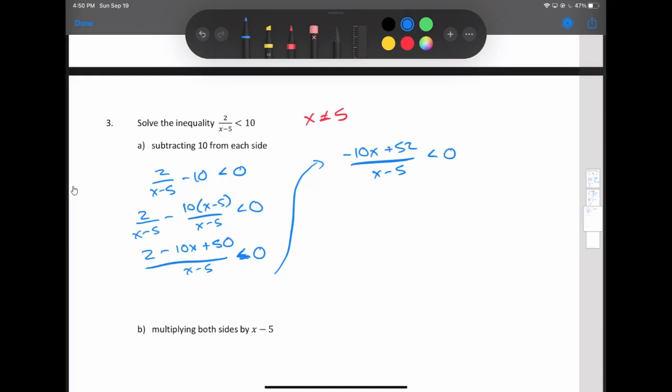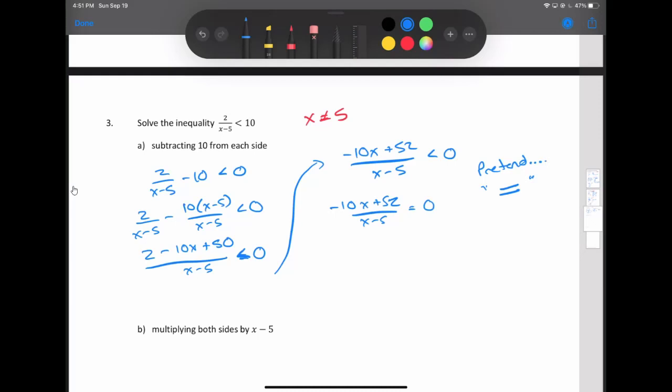So what we can do, however, is pretend for a second that we're just talking about it's equal instead of less than. So negative 10x plus 52 over x minus 5 equals 0.